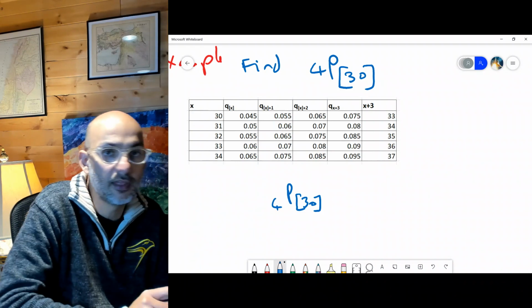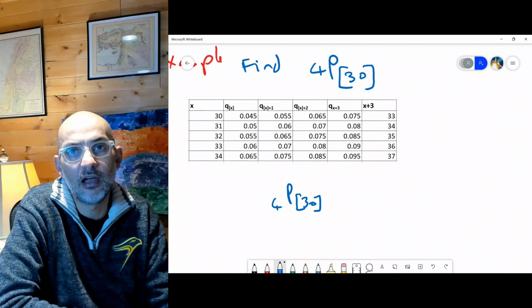What's the probability for that individual to survive 4 years?